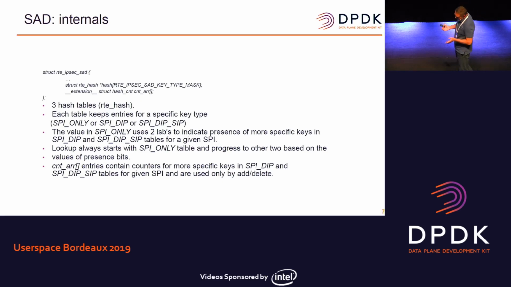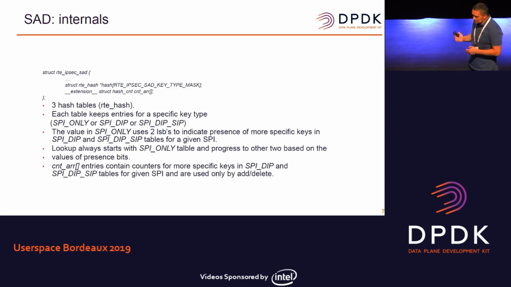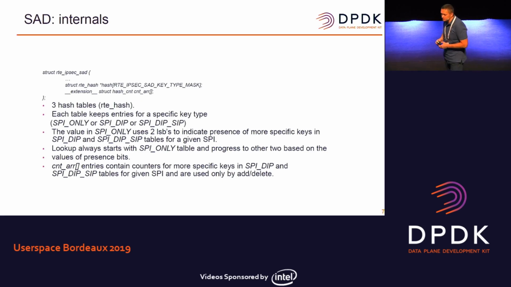Let's say for SPI 500, do we have any entries in SPI plus destination IP address? If yes, how many entries? Same for SPI plus destination plus source. It is not used by lookup because it's an additional memory dereference and all these performance issues.